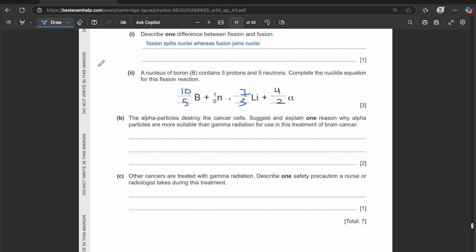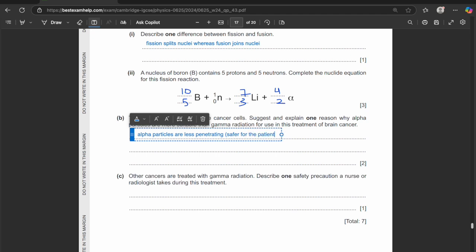So we can write that alpha particles are less penetrating. So it's safer for the patient. So they will not damage other cells or body parts.